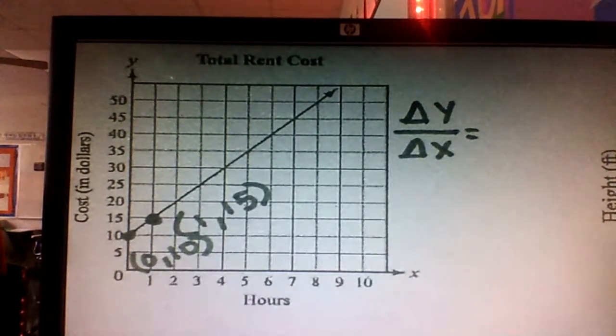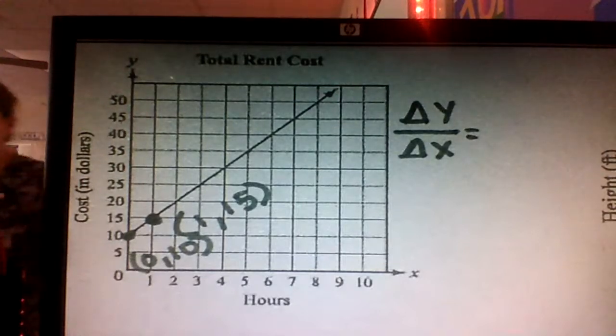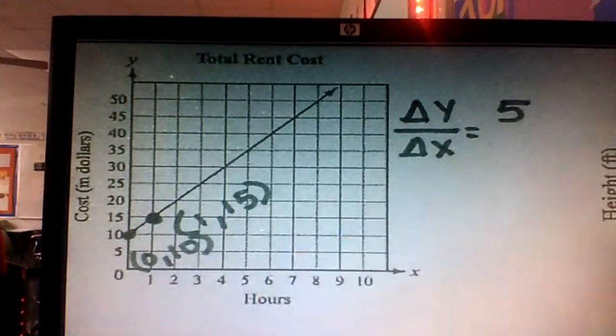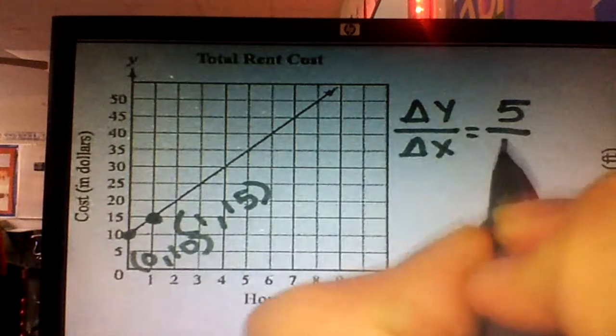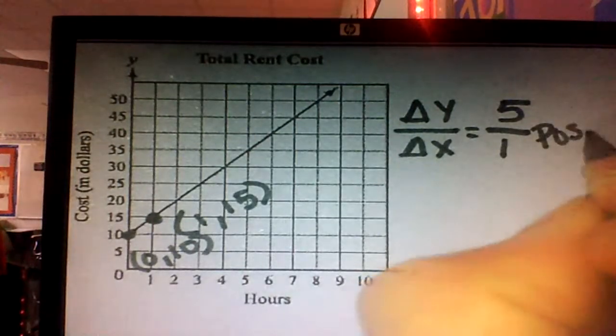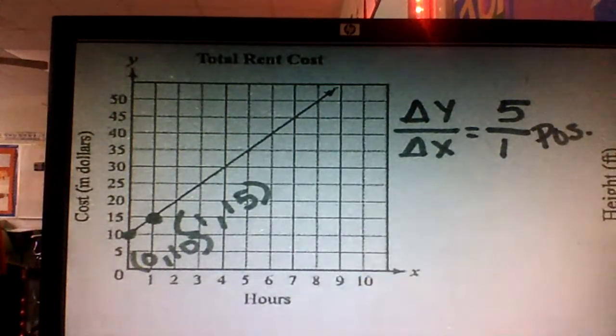My y is going from 10 to 15, so it's changing by 5. My x is changing by 1. It's positive. You can tell that by the graph because it's going up to the right.